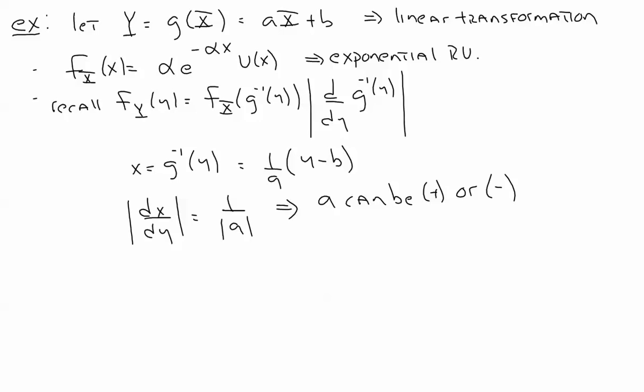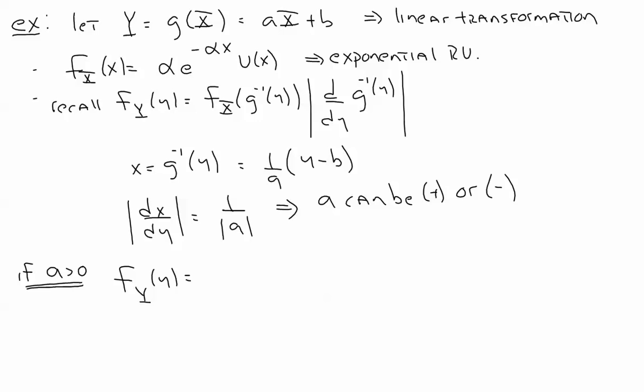We're going to look at two cases. If a is positive, we just start making some substitutions. I can drop my absolute values because I'm declaring that a is positive.